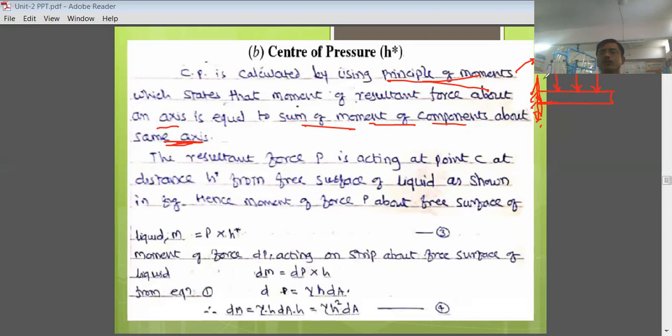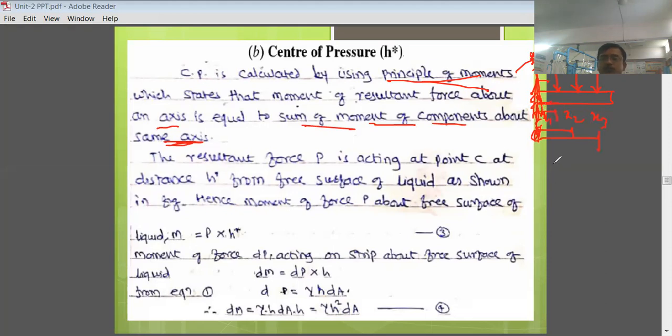Now, let me know what will be the moment of these forces about this axis or this point OO. Let the distances be x1, x2, and x3.